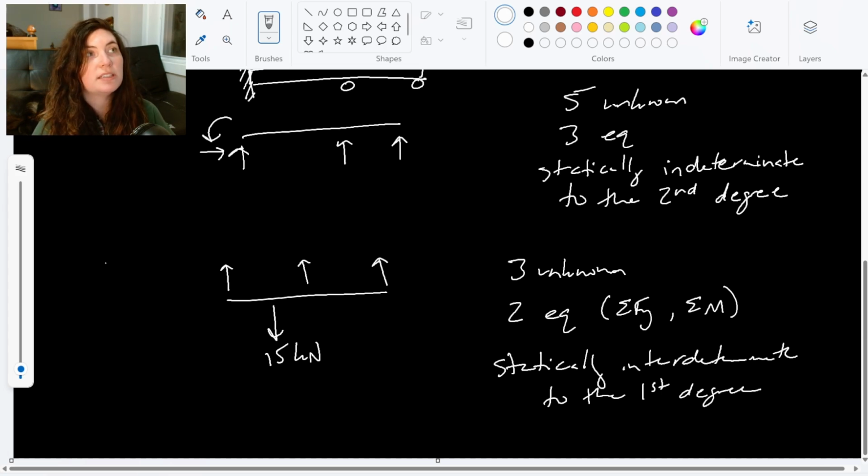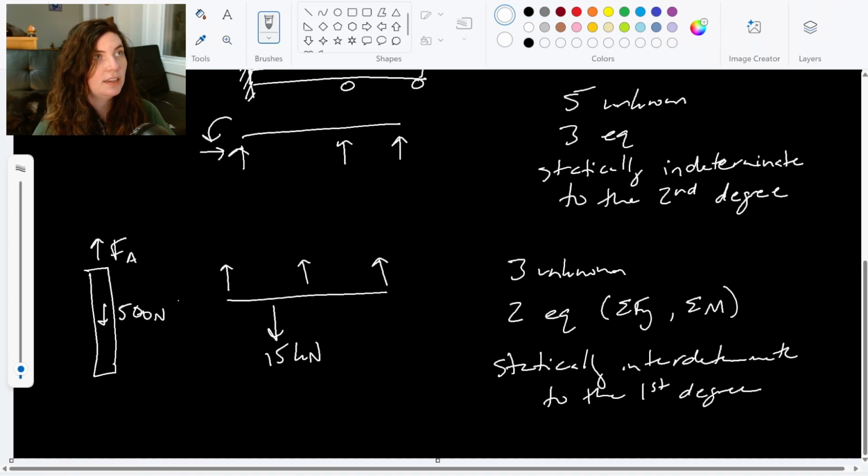Or it could even be something like this, our axially loaded member, let's say maybe 500 newtons or so, and it has an A reaction and a B reaction, right? A reaction at each end and a 500 newton applied load at some offset point, maybe 1 meter from A and 3 meters from B, something like that.